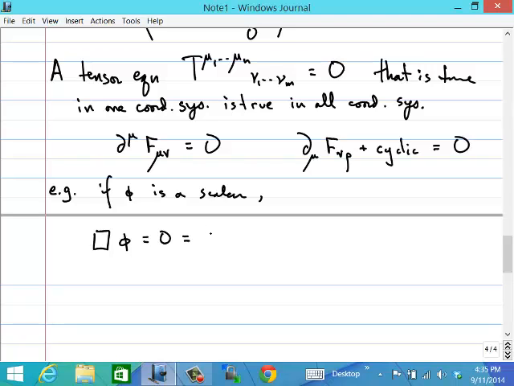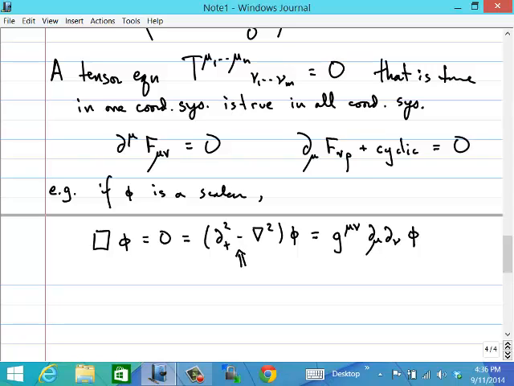In particular, that's d by dt squared minus the gradient squared of phi is equal to 0, which is just g mu nu d mu d nu of phi. Here d mu is the partial derivative, and d mu d nu contracted with g mu nu, if you think about it for a second, is just this Klein-Gordon operator.